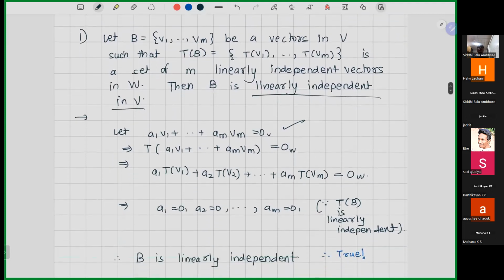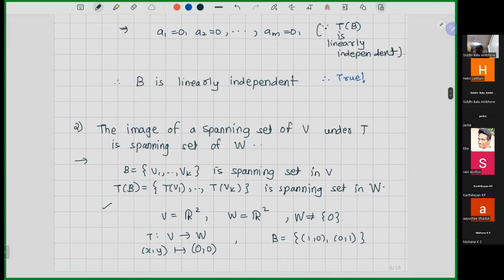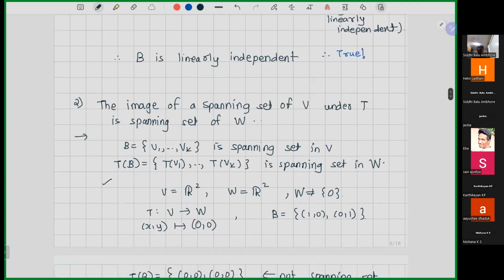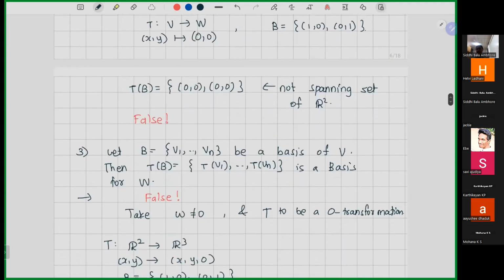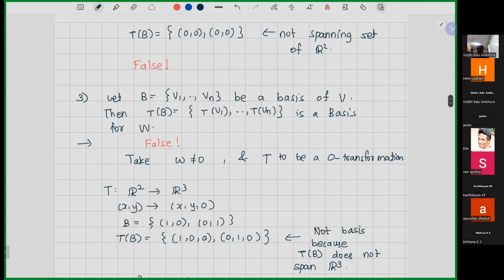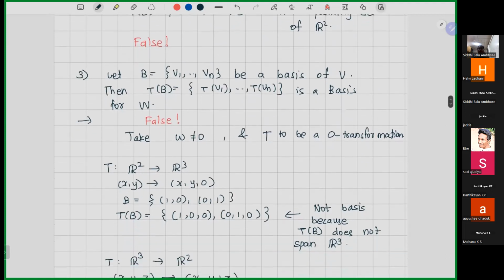However, if B is linearly independent, then TB need not be linearly independent. Also, if B is a spanning set, TB need not be a spanning set. Using these two, we got that if B is a basis, TB need not be a basis. We saw an example of a linear transformation giving a trivial counterexample for these statements.